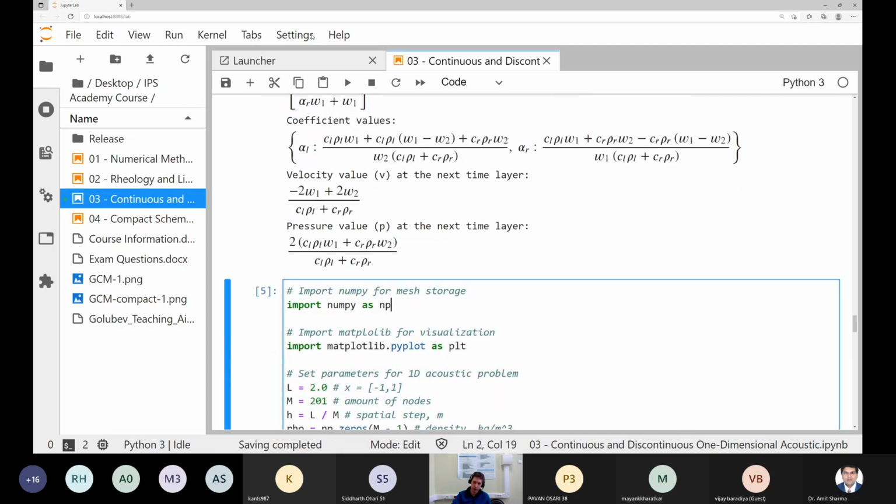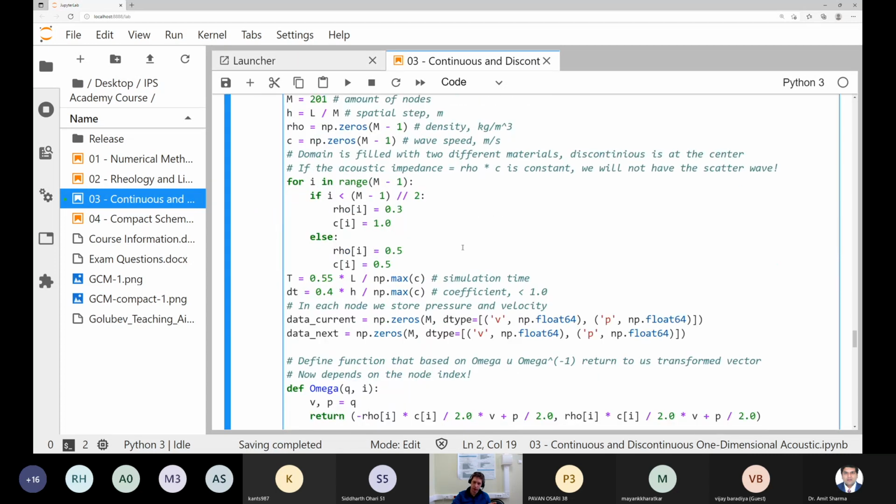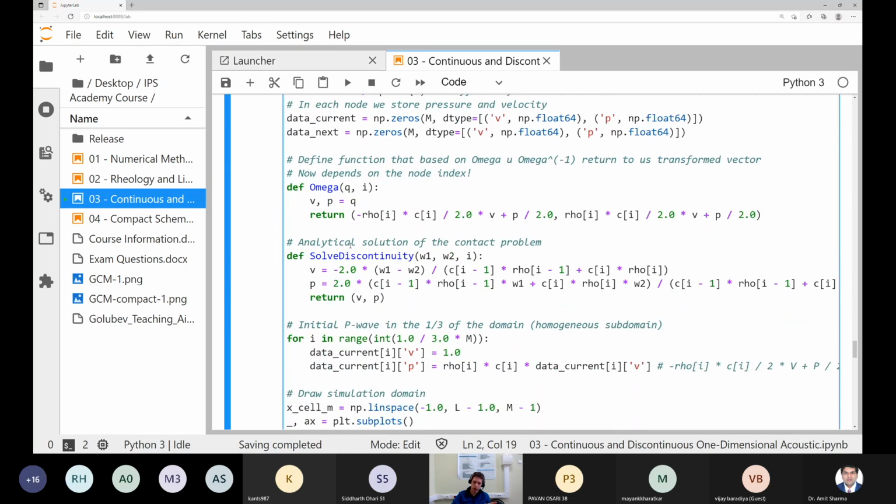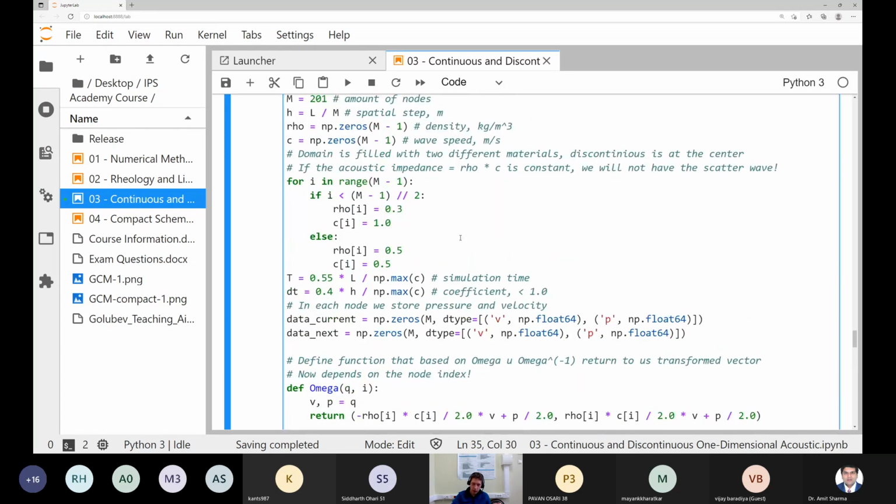So I implemented this here as a tiny program. I simply added the new function solve discontinuity, where I put the value of W1, calculated for the right part of the domain, omega, and W2, calculated for the left part of the domain, and I added the discontinuity here.